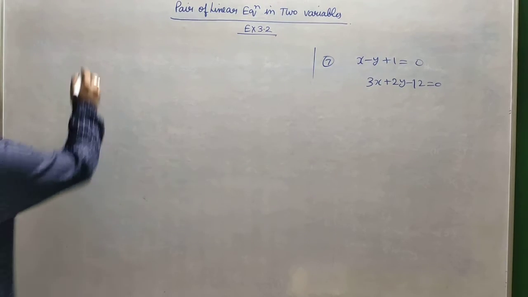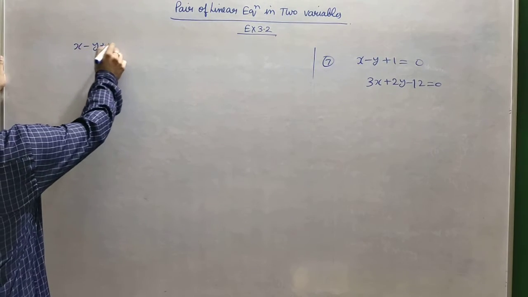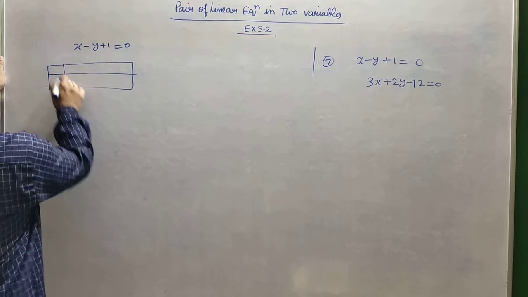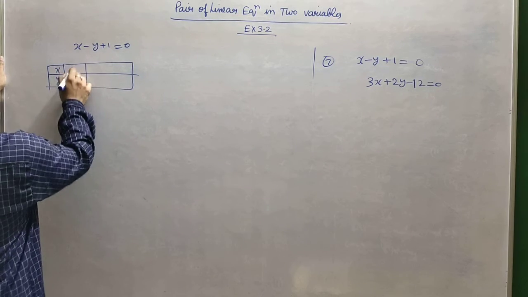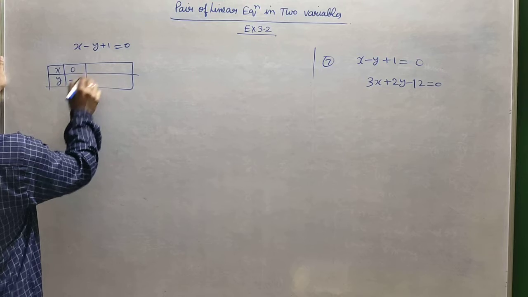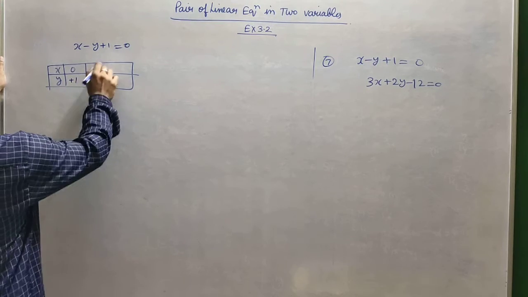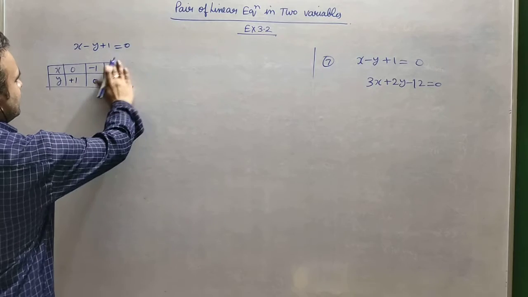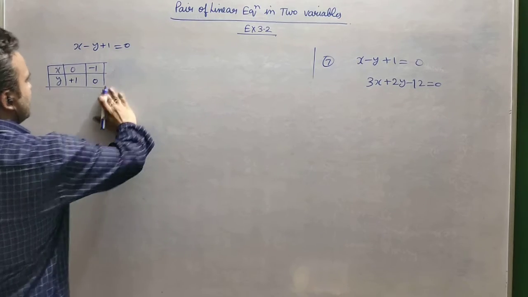So for x minus y plus 1 equal to 0, suppose I am making a box here, right? x and y. If I put here 0 for x, you will get y plus 1. If you put 0 for y, you will get x minus 1. Two numbers are sufficient for us, right?